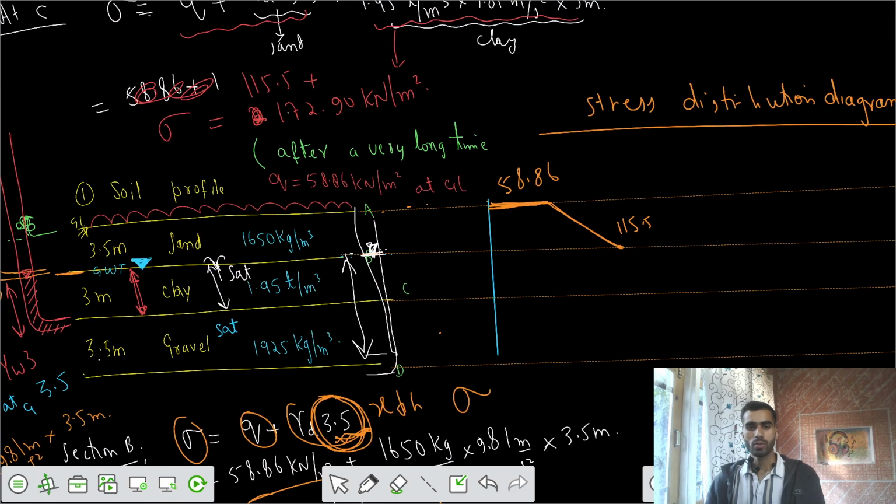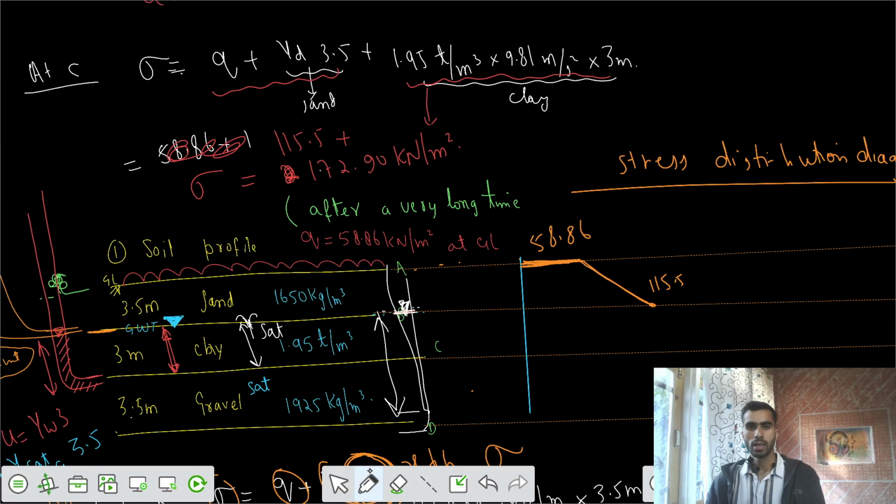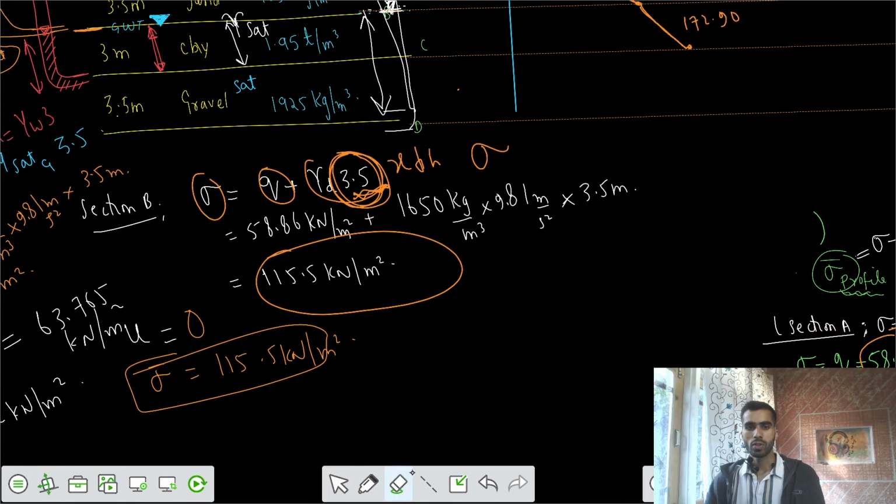And what is the total stress at the point C? Is that 172.90? So 172.90 is somewhere here. After that we would have one more linear variation, but the slopes would differ because your m is varying. Your gamma d is varying.